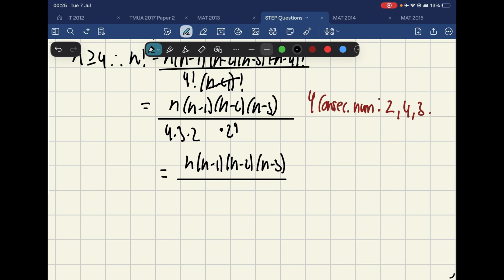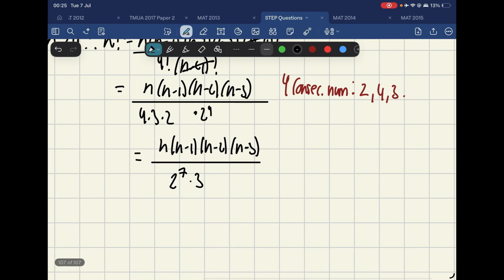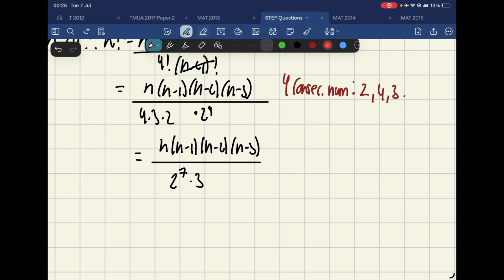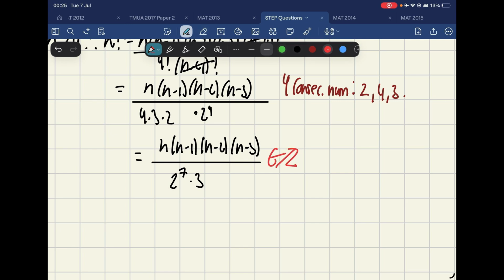So we know that we have 2 to the 7 multiplied by 3. Our goal now is just to find the smallest value of n such that this thing is an integer. For what value of n does this become an integer? What is the smallest value of n?